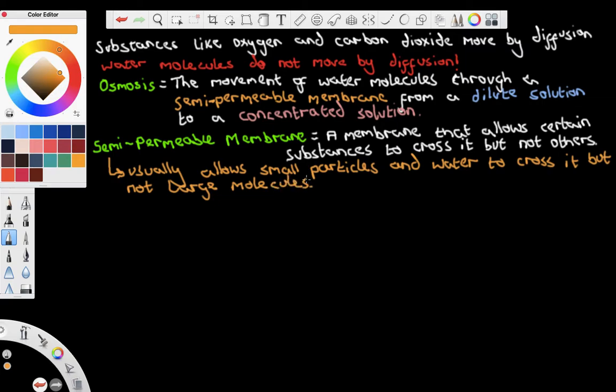Okay? So that's our semi-permeable membrane. Osmosis is the movement of water molecules through a membrane that will let certain particles through and not others.